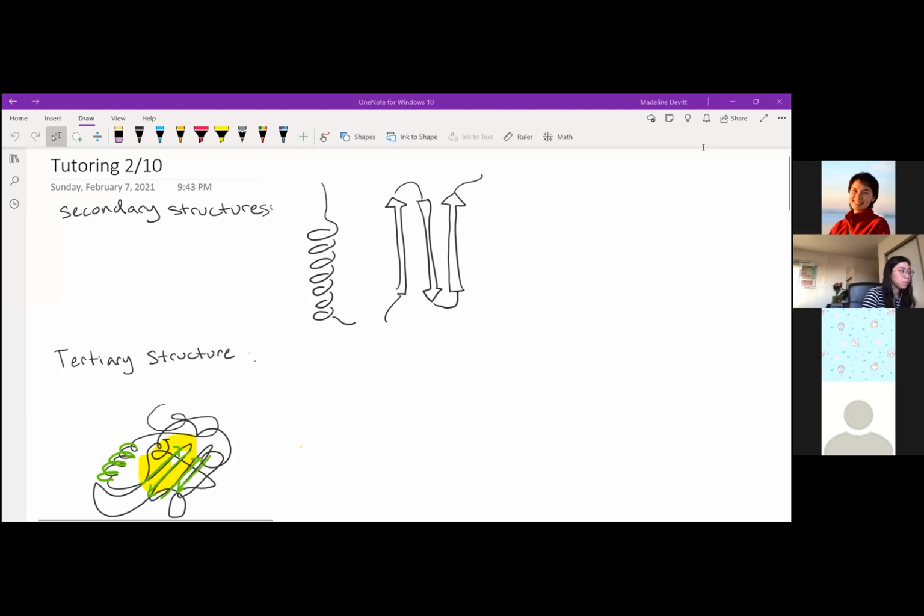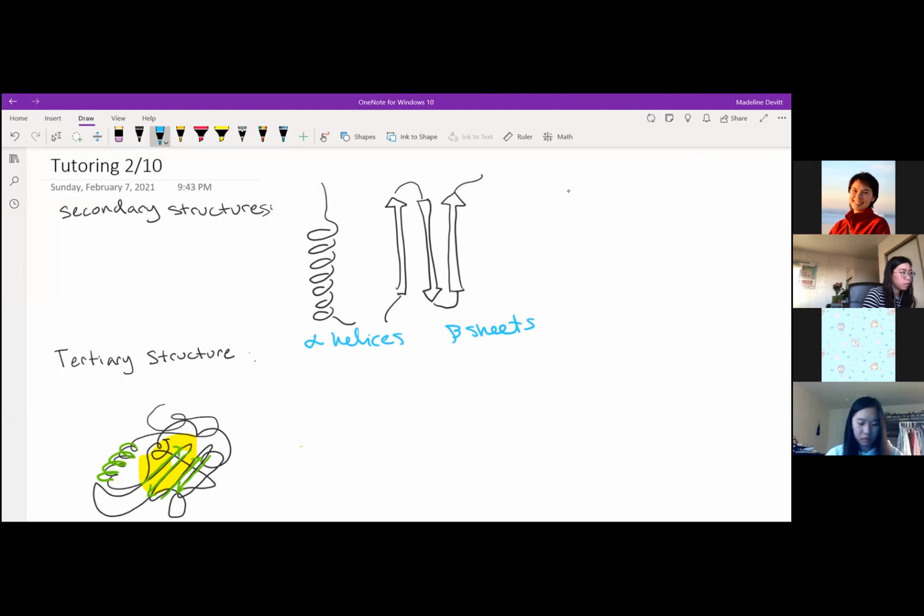As we have already talked about, we've discussed some of proteins' secondary structures, alpha helices and beta sheets or beta strands.